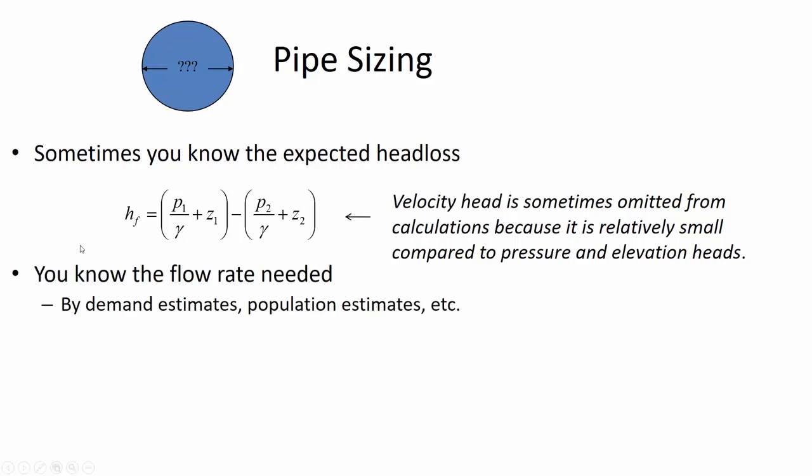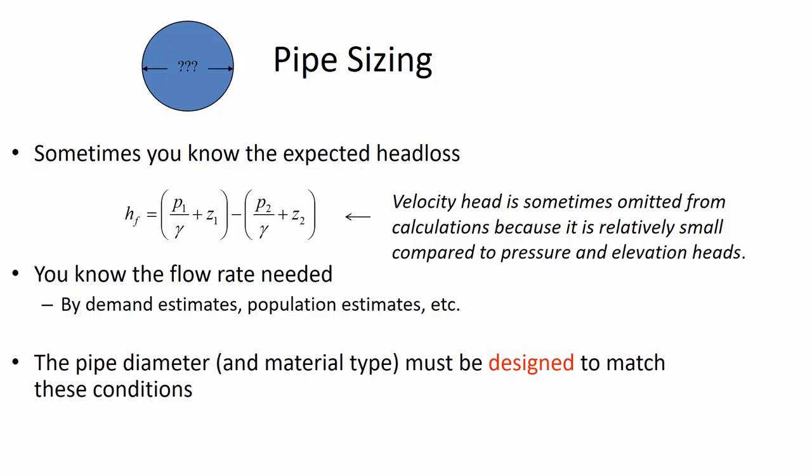Sometimes you know the h sub f, and you know how much water is going to be consumed in a certain area by looking at the population in a location, the per capita water use, or maybe an industrial use where the company gives you an idea of how much water they require. So the Q is going to be specified, and what we're having to match is the pipe size that gives you that much head loss under a certain flow rate condition.